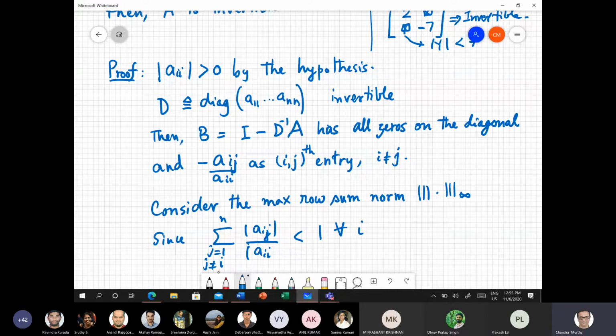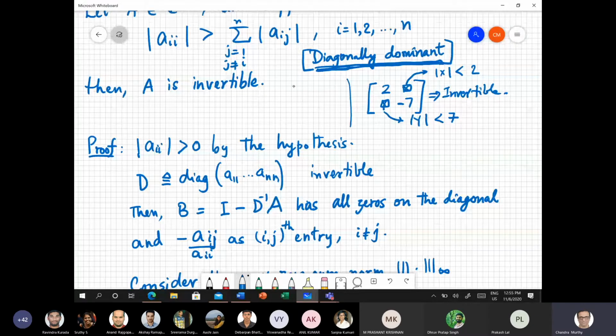Okay, and now I'm doing j not equal to i, but the corresponding (i, i)th entry of B is just 0. So when I compute the row sum norm, each of them will be some number like this, and it's less than 1. And why is this less than 1? It's because of this condition here.